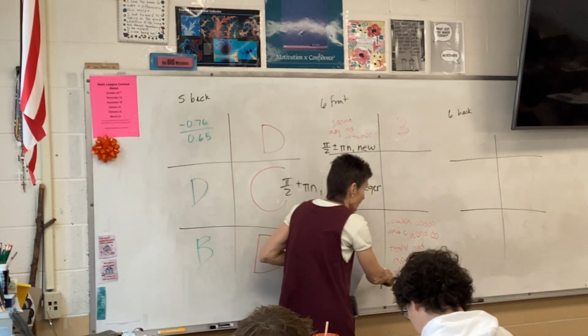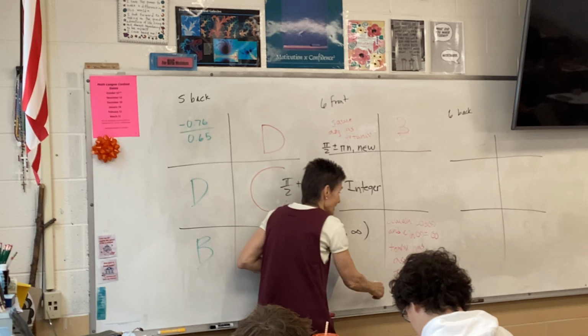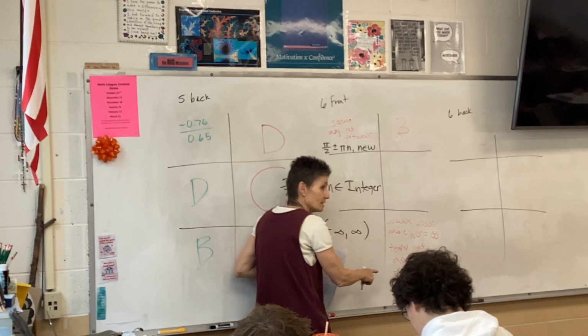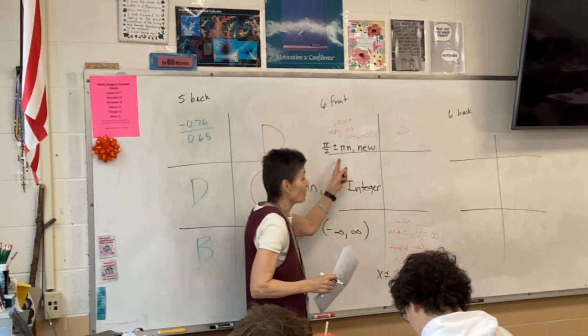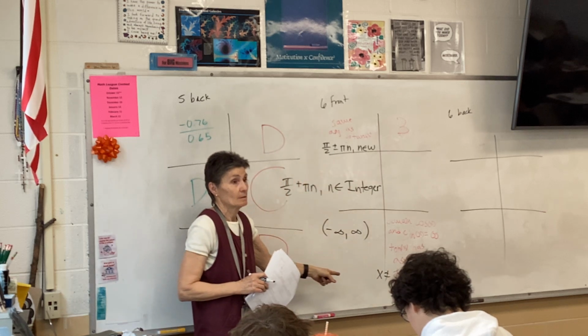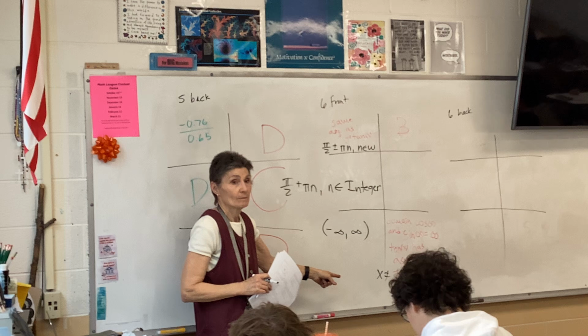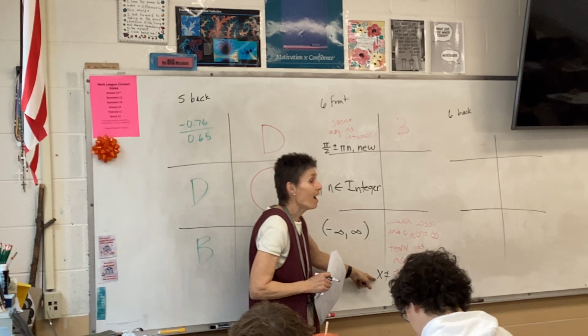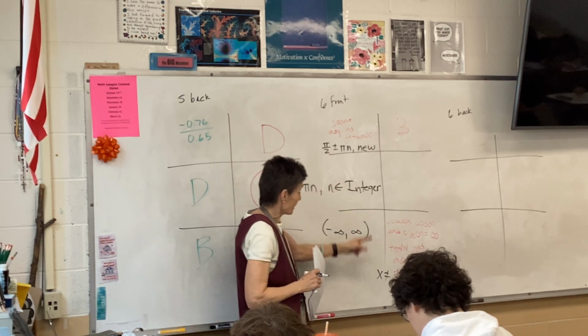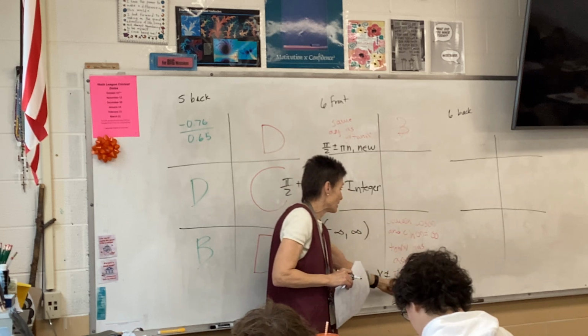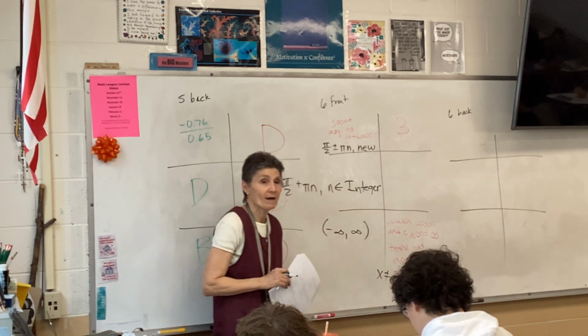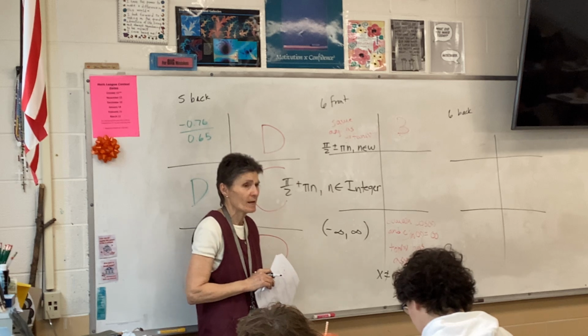For tangent, our domain is everything except where the asymptotes are. Domain is everything except those places where you have asymptotes. We talked about that the other day, I think.